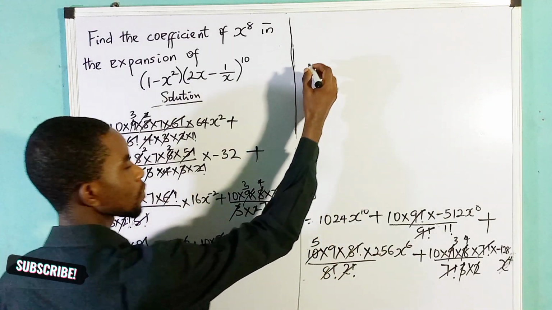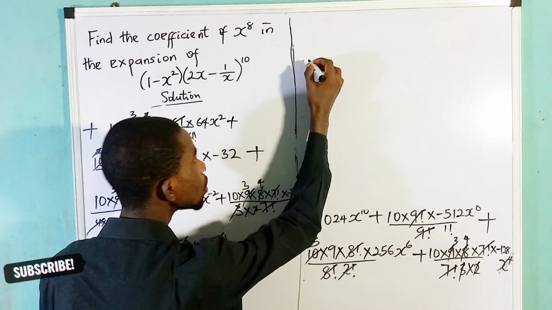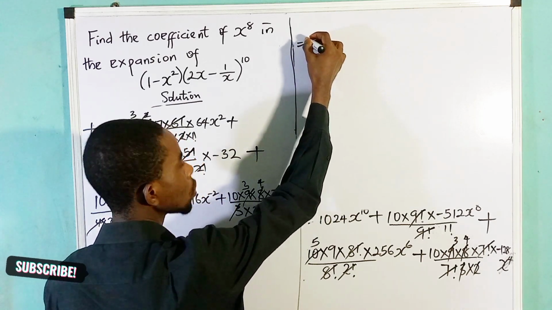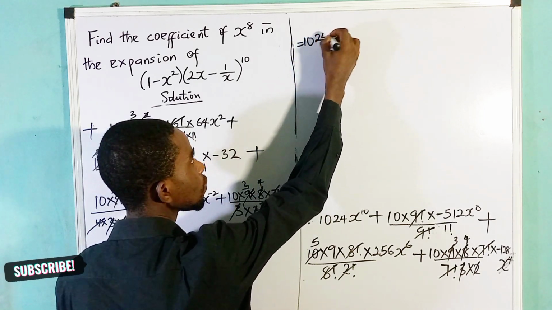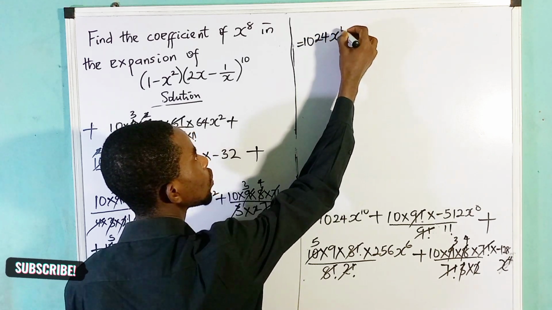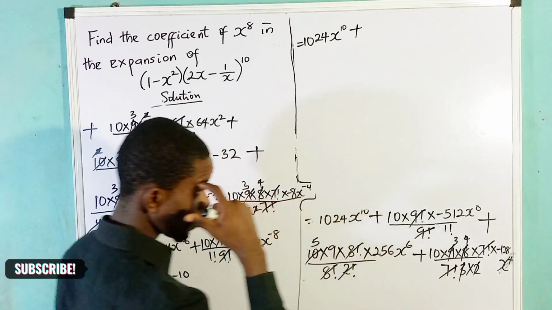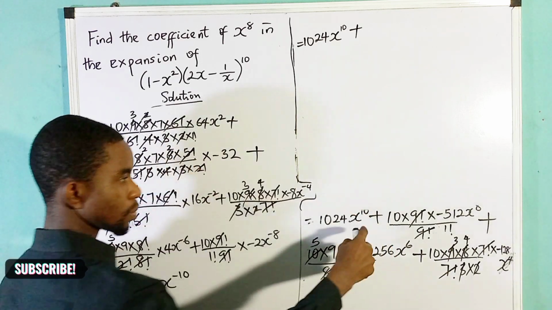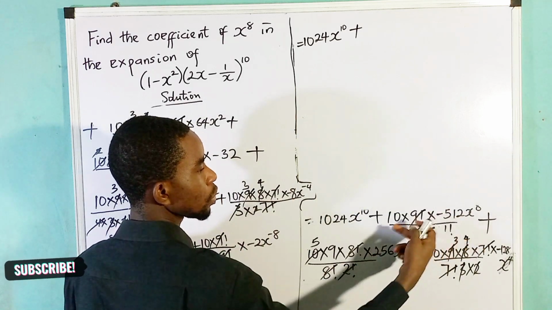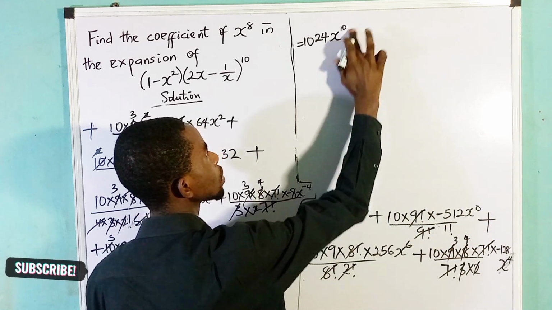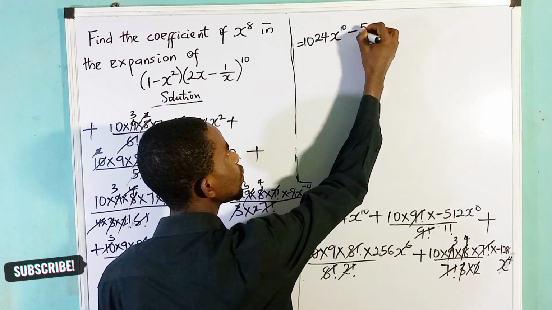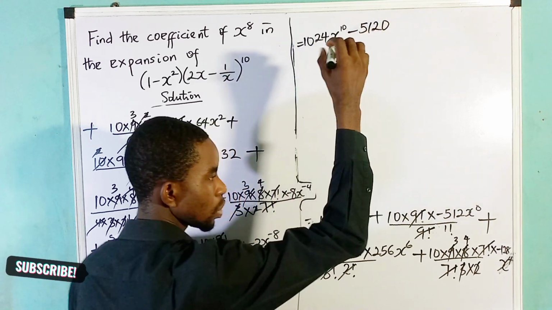Here we have equals to 1024x raised to the power of 10 plus, here we have minus 5120 when you multiply, so that's minus 5120.